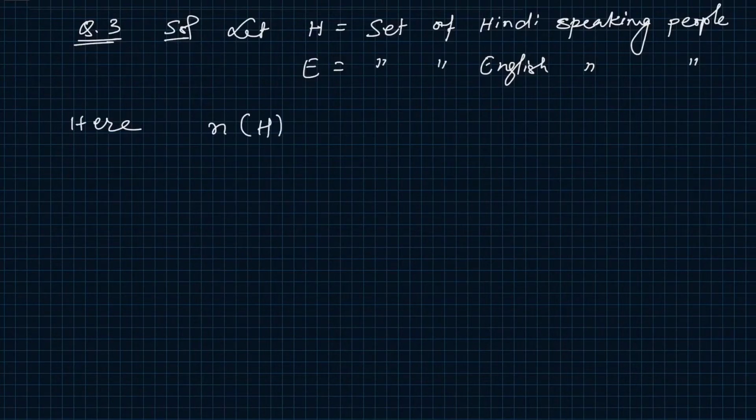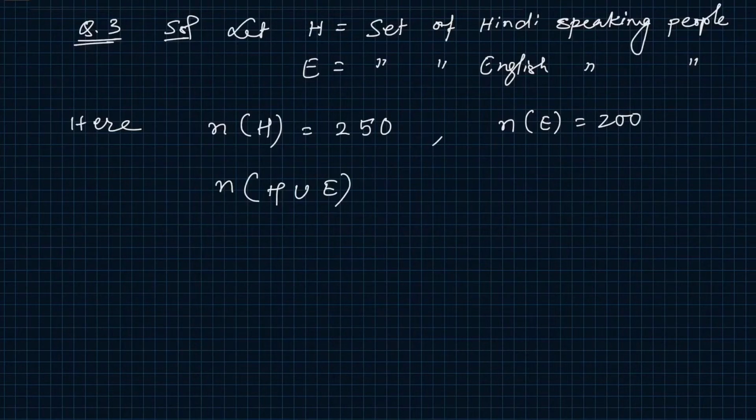Number of elements in H, that means Hindi speaking people, is given as 250, and 200 can speak English, so here it must be 200, and the total members in the group that was given must be H union E.